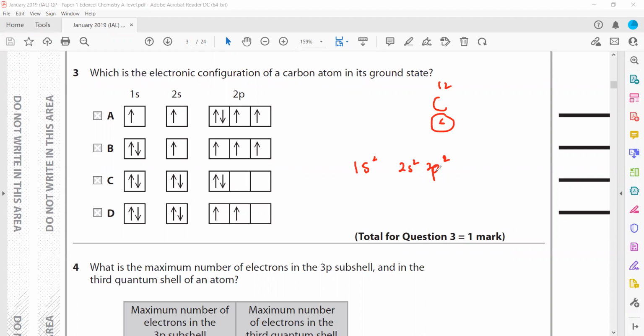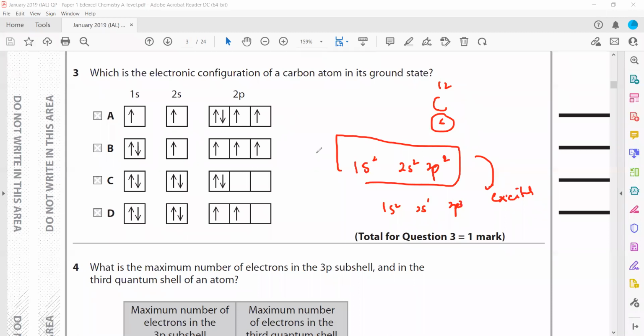That is in the ground state. In the excited state, one of the electrons jumps from 2s to 2p, and then it becomes 1s2, 2s1, 2p3. This is the excited state. But in the ground state, when it is not involved in bonding, it is 1s2, 2s2, 2p2.